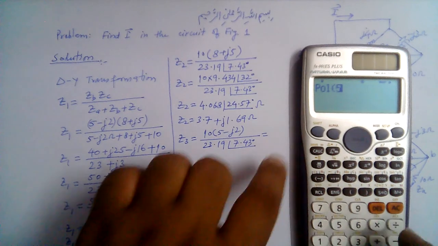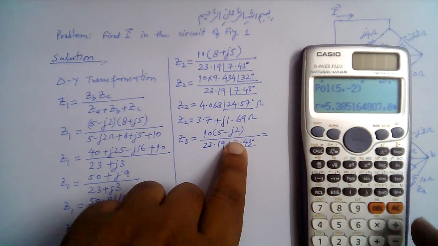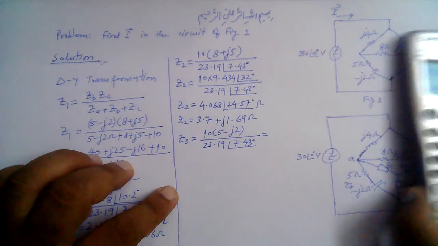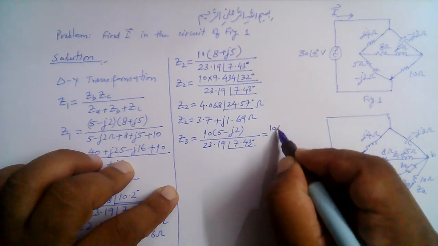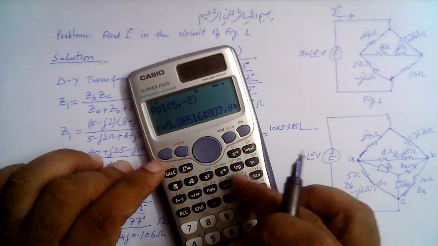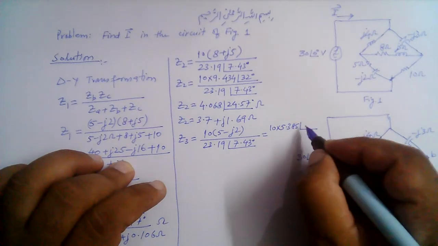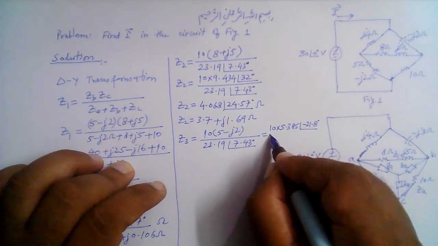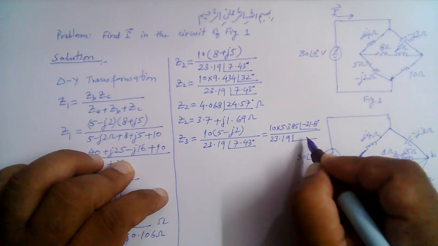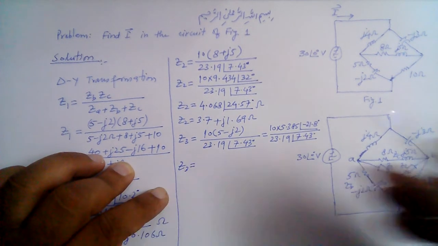So this is 5 minus j2, and that is 5.385. So that is 10 into 5.385, and the angle is minus 21.8 degrees divided by 23.19 angle of 7.43 degrees.